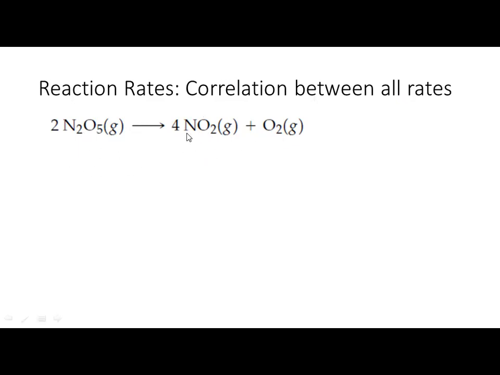If I say, how many times is the rate of formation of NO2 as compared to the N2O5? 2 times. Very good. How is it 2 times? Because when N2O5 is 2 moles, the NO2 is being produced in 4 moles. 2 moles is producing 4 moles, and 1 mole will be producing 2 moles.